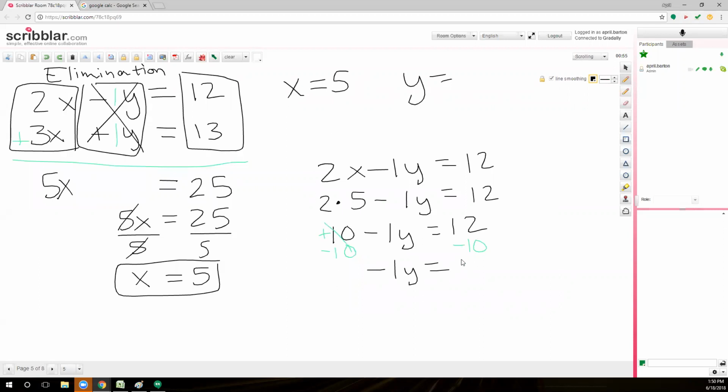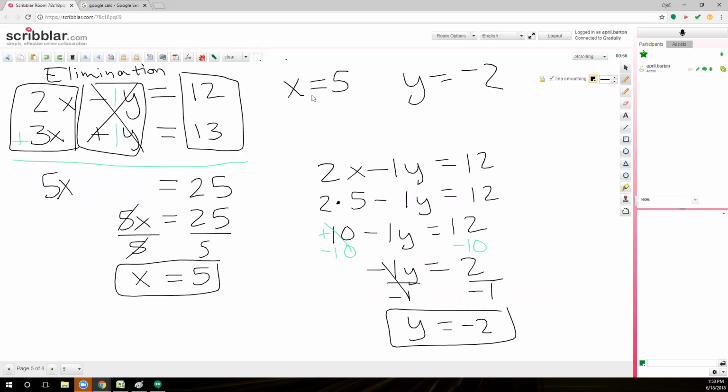Then we do the subtraction, and just like we had to divide to solve for x, we divide to solve for y. Again, our opposite is the division, so you do not change the sign of the 1. You keep it negative because the opposite is doing the divide. And a positive 2 divided by a negative 1 is a negative 2.